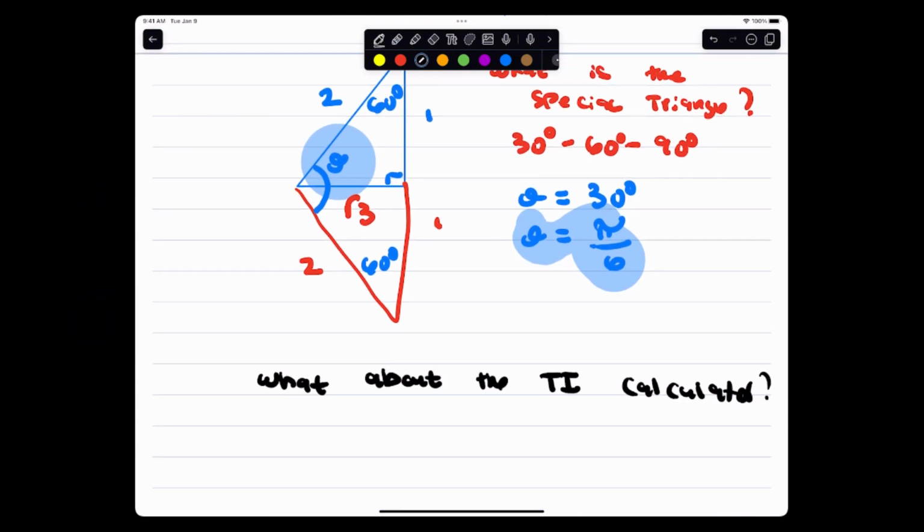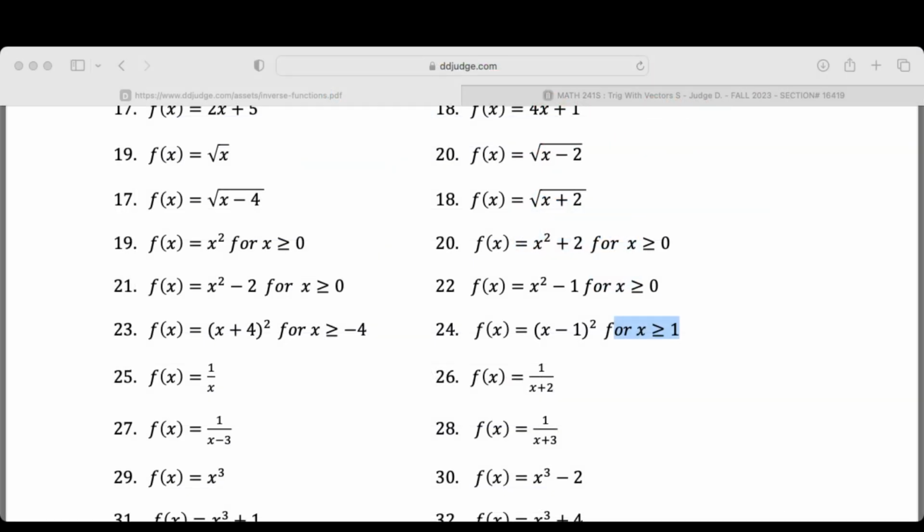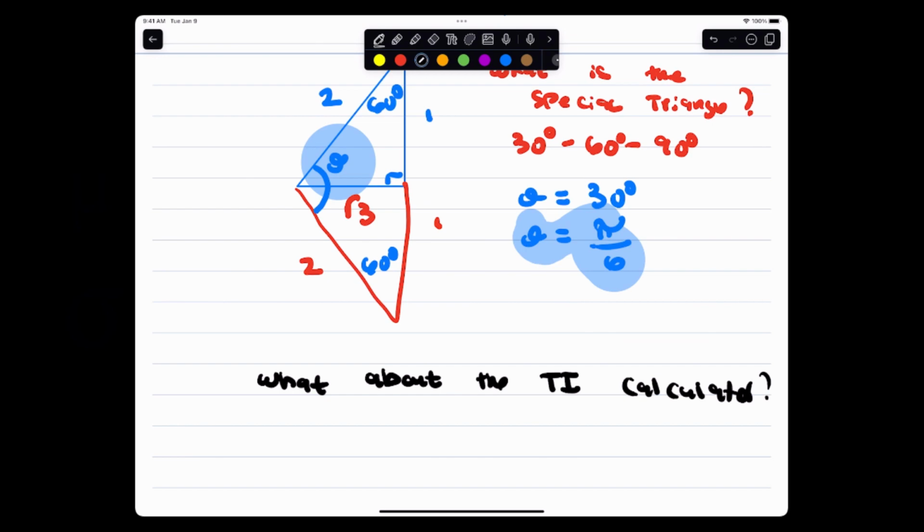Do you guys remember your calculator? If I said, let's wake up the calculator, okay? I got to wake up the TI. So I'm going to have a few seconds here to wake it up. Where's the TI at? There we go.